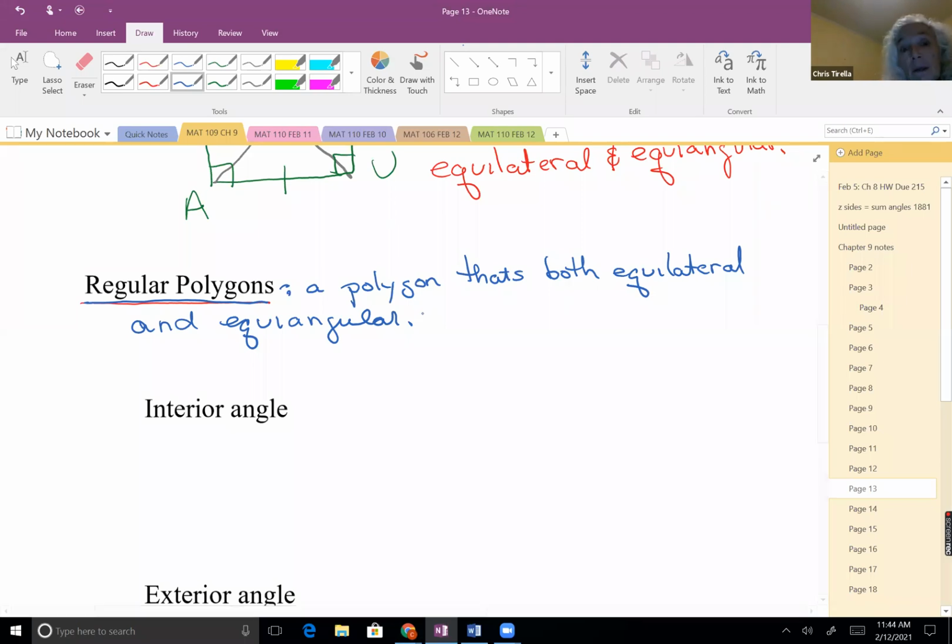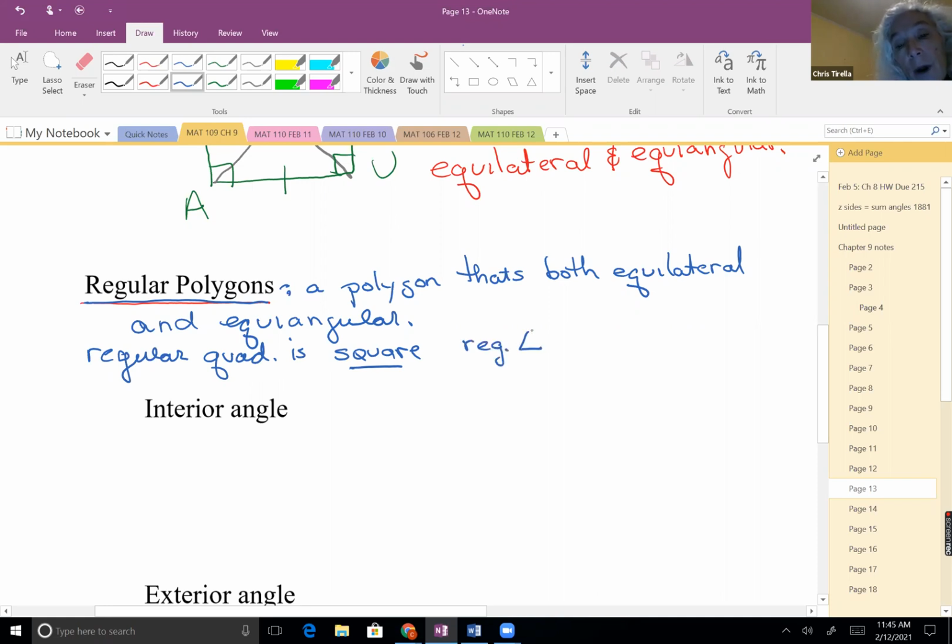All of the angles are equal. Since it's both equilateral and equiangular, we could say that a regular quadrilateral is a square. A regular triangle is our equilateral triangle.